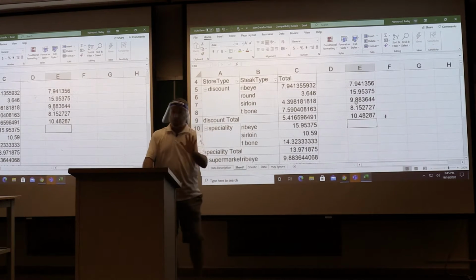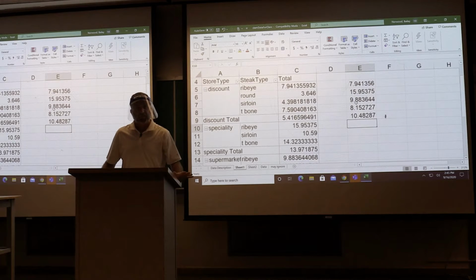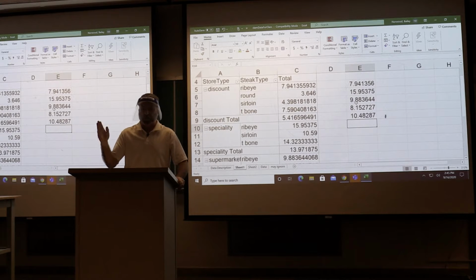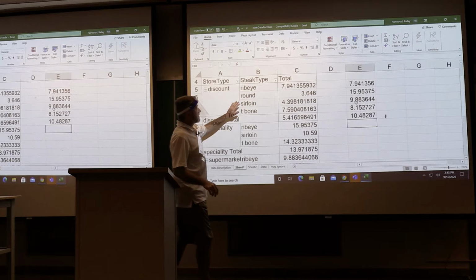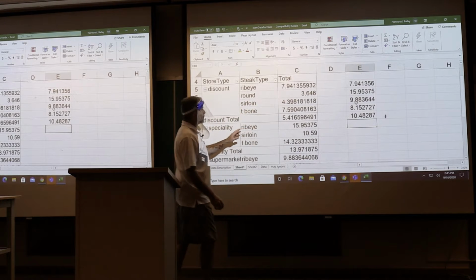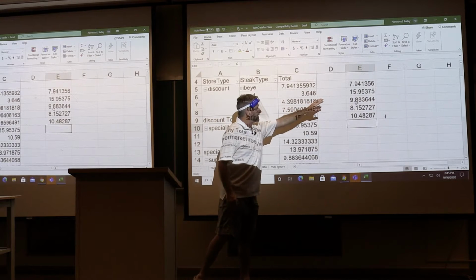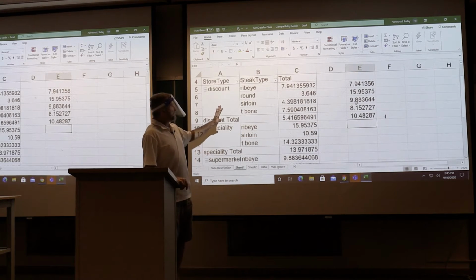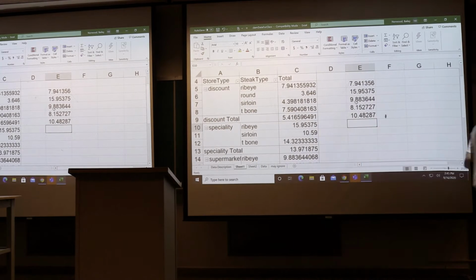When you want the average price of the ribeye across all stores, it's like you want the price at each store, every observation divided by the total number of stores. But the 7.94 was the price at the discount store. The 15.95 was the price at the specialty store. There may be a lot more discount stores than specialty stores.